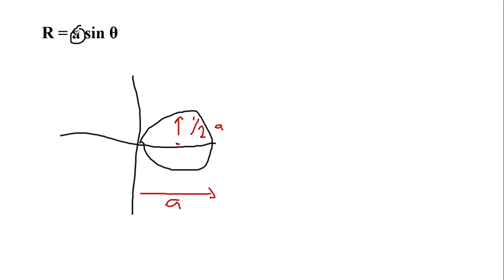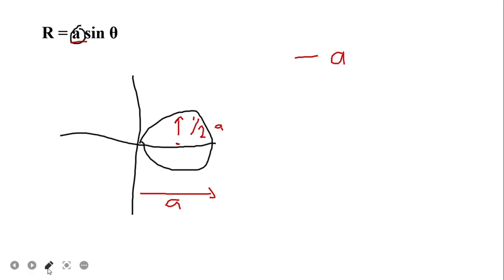So the circle is on the right if our a is positive. Always remember that. So how about if our a is negative?